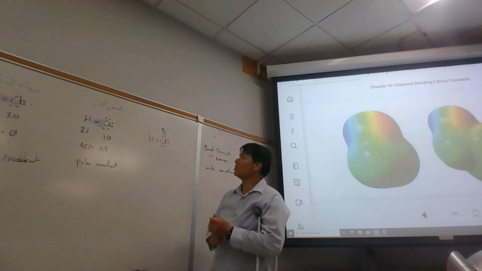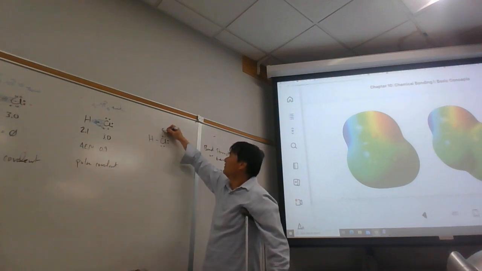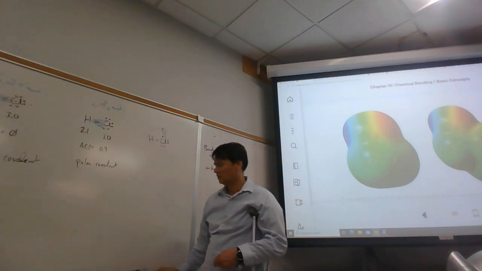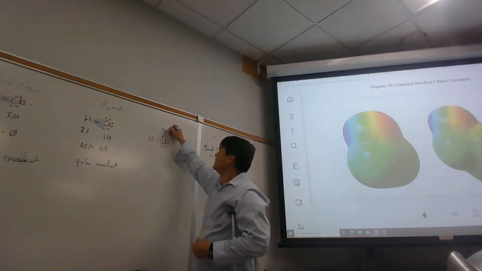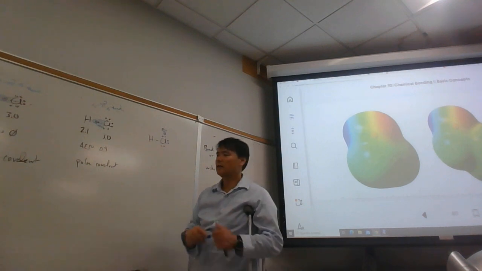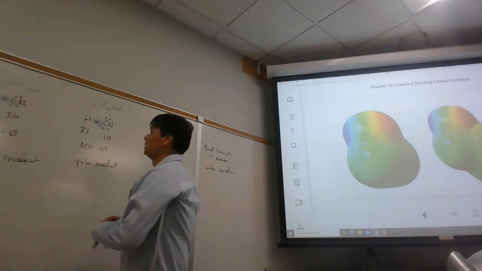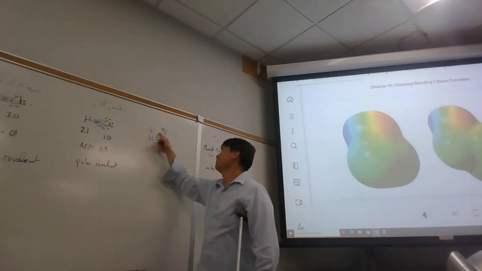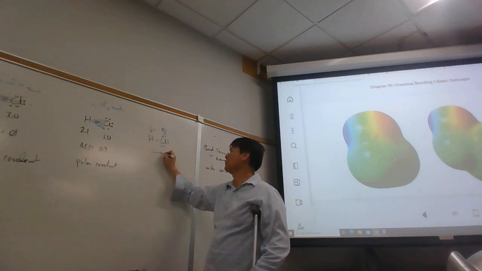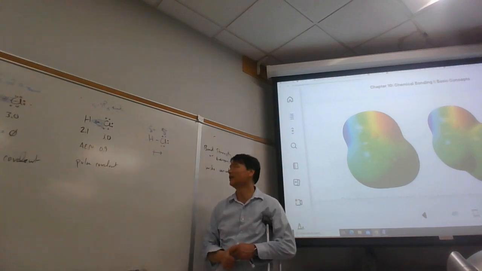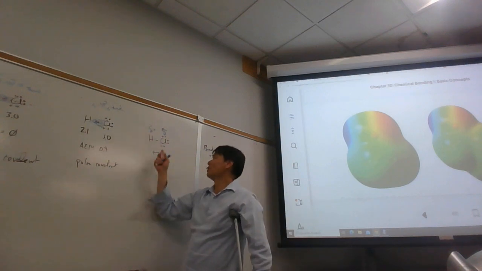Since chlorine has more electron cloud around it, we give it a delta minus, indicating a partial negative charge. And then hydrogen would get a delta plus. Another way of doing this is by writing a dipole. The dipole is going to be an arrow pointing to the negative end with a positive tail. So that's showing the polarization here. And so these are three ways to show it.